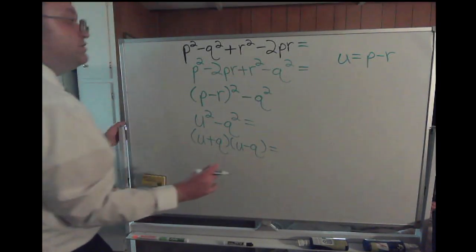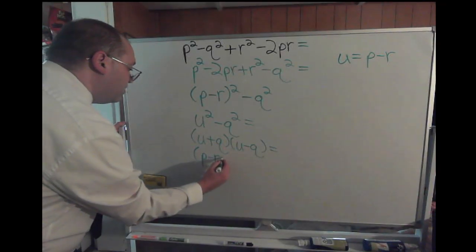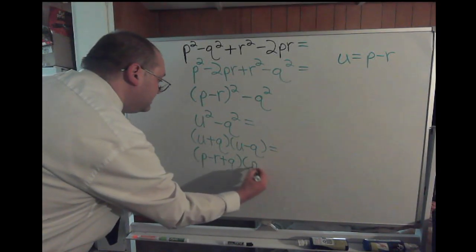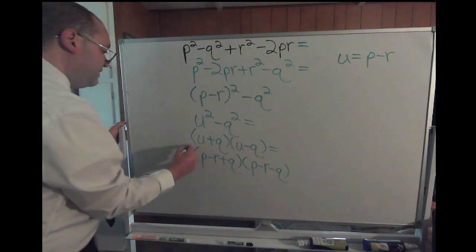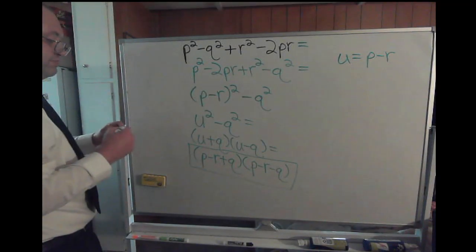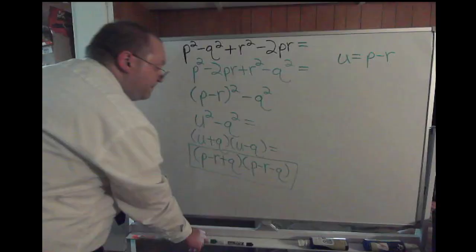Now put the value of u back in, you would get p minus r plus q, that quantity times p minus r minus q. And that would be the factorization of this problem: the quantity of p minus r plus q times p minus r minus q.